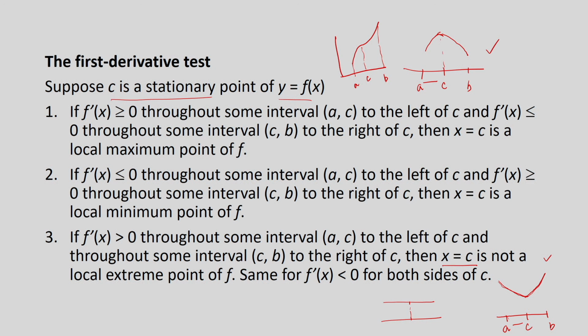Then clearly this function is not getting any maximum or minimum at the point c. And similarly, if you have f dash of x less than 0 throughout, to the left and to the right, then also you do not have a maximum or a minimum, there are no local extreme points.